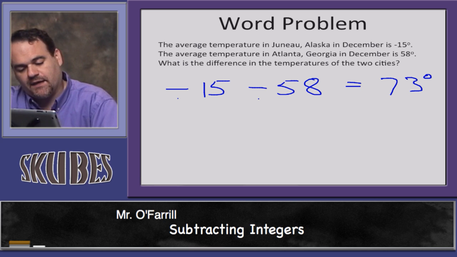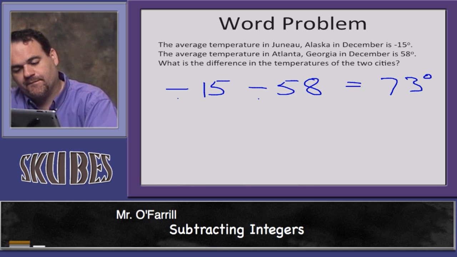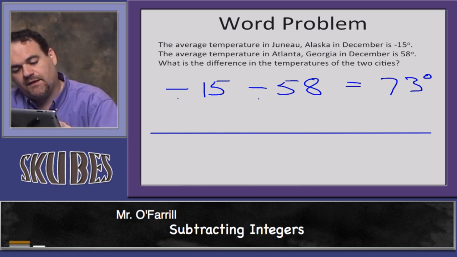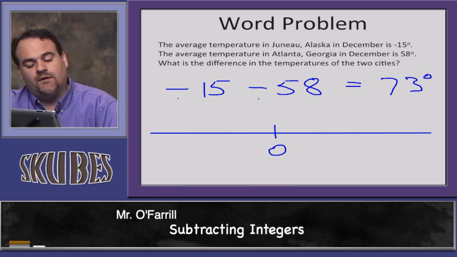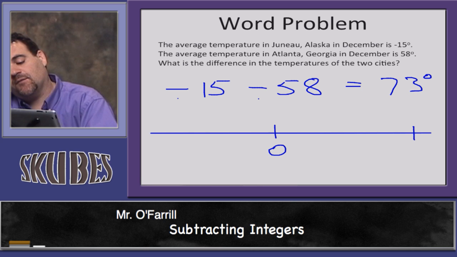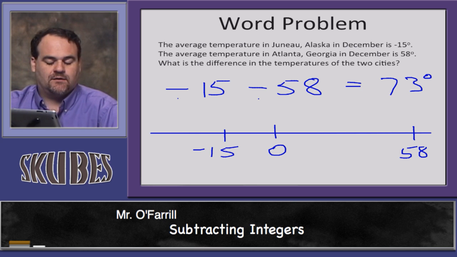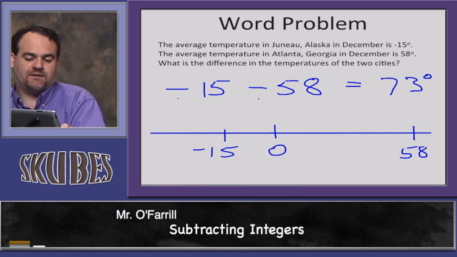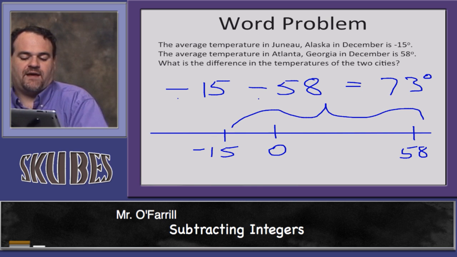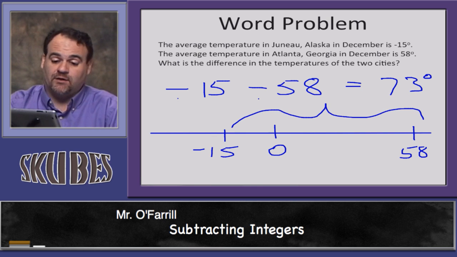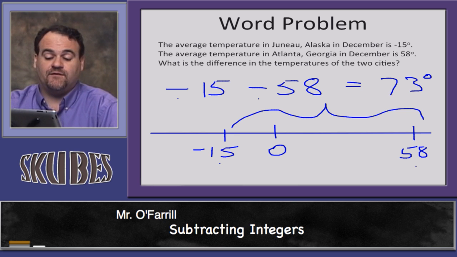Because if we have a number line, and here's 0 degrees, 58 degrees is somewhere over here, and negative 15 degrees is somewhere over here. Well, the distance for all of that is going to need to be bigger than 15, bigger than 58.